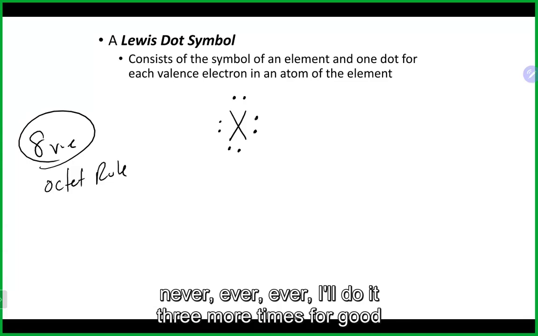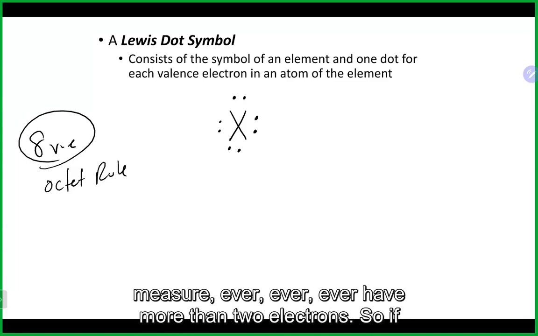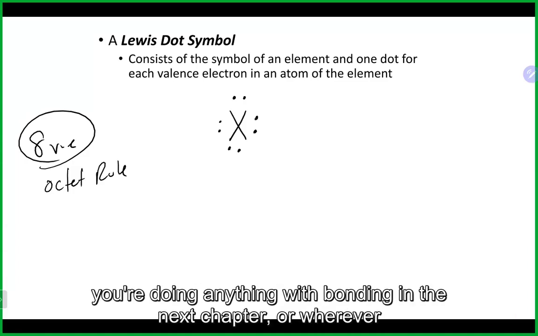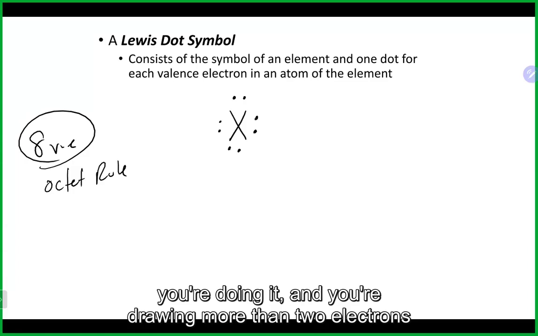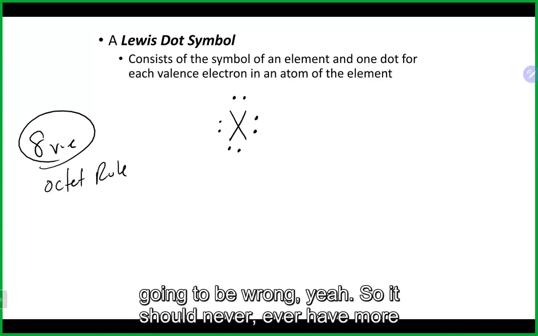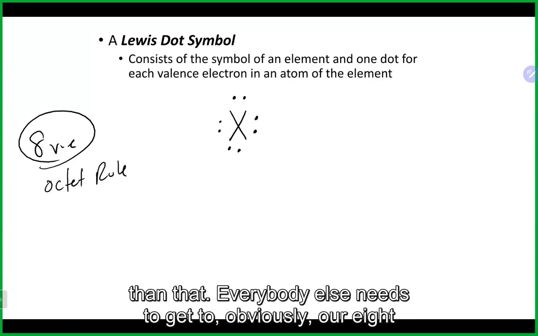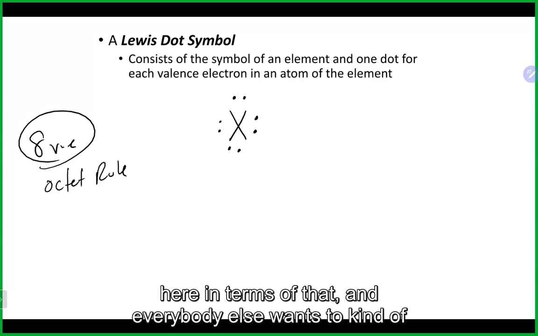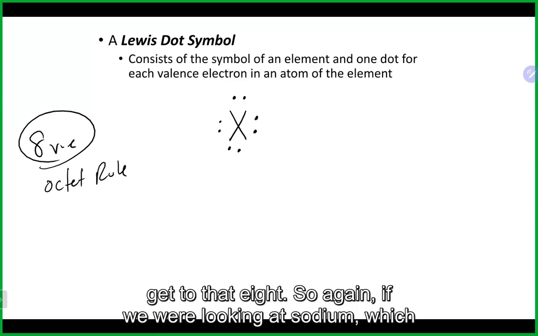It should never, ever, ever, I'll do it 3 more times for good measure, ever, ever, ever have more than 2 electrons. So if you're doing anything with bonding in the next chapter or wherever, and you're drawing more than 2 electrons to hydrogen, you should also probably draw an X because it's going to be wrong. So it should never, ever have more than that. Everybody else needs to get to our 8, and everybody else wants to get to that 8.